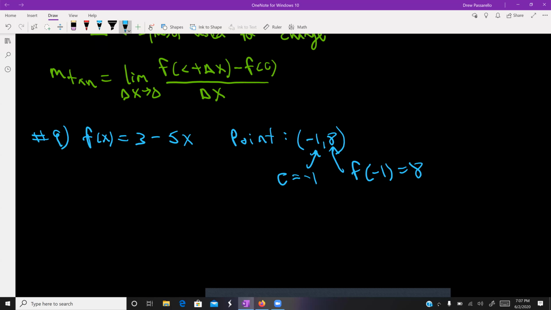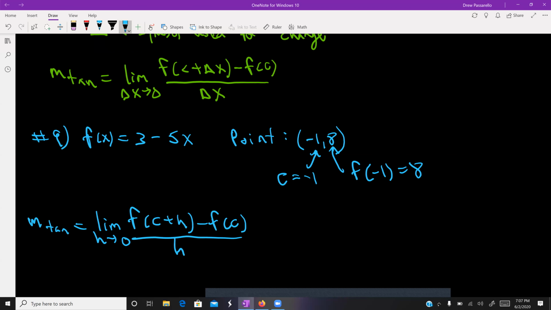Now, if I'm going to use the definition, and again, I'm using h instead of delta x, in this case c is -1.